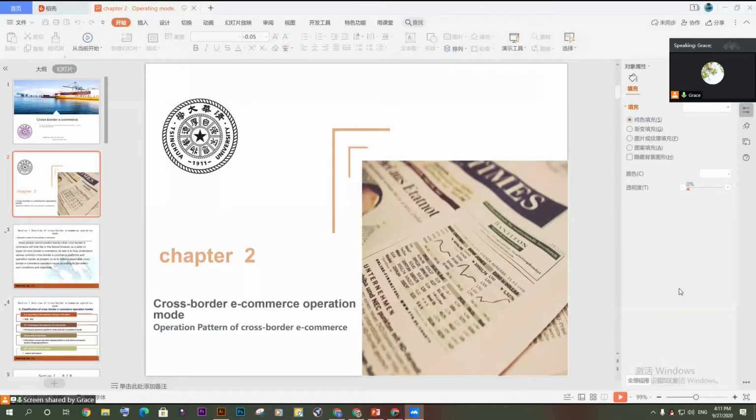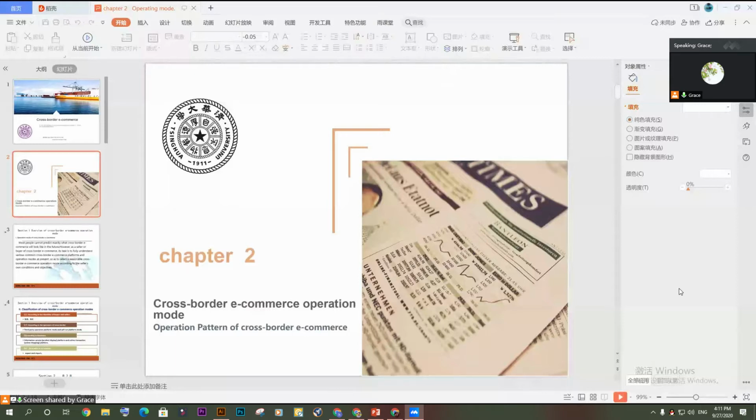So this is the identity. According to the identity of buyers and sellers, we can divide the cross-border operation modes into some different classifications. But here, maybe you guys have seen that, we just write two of them, that is B2B and B2C.